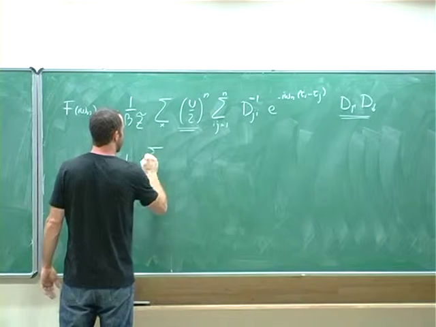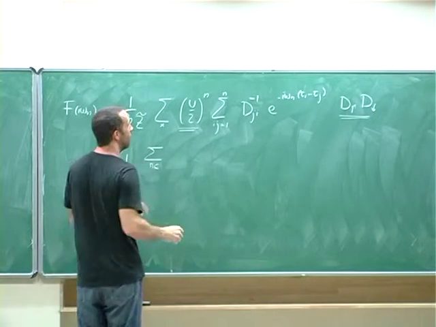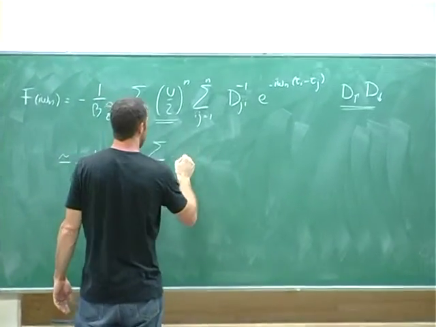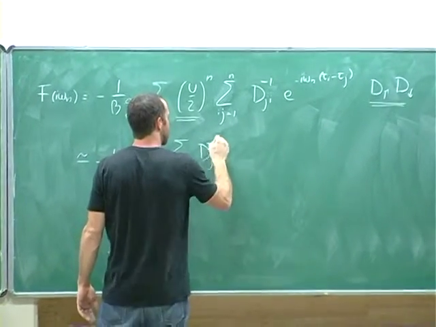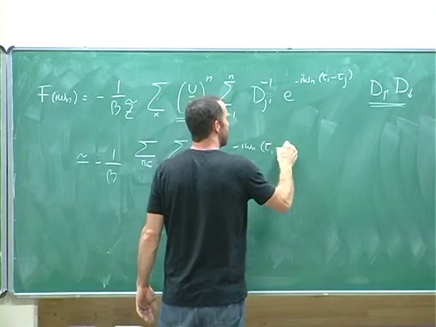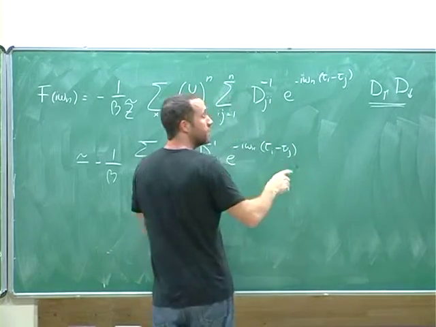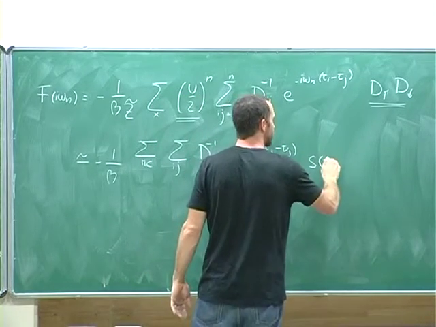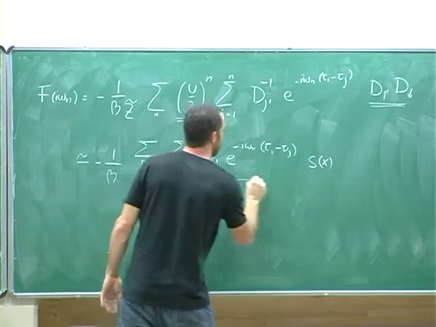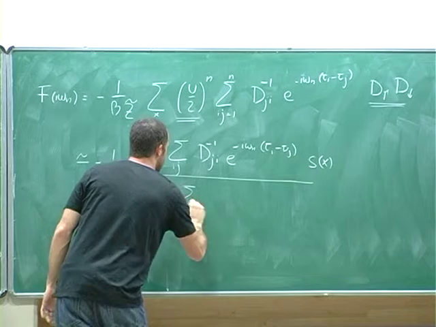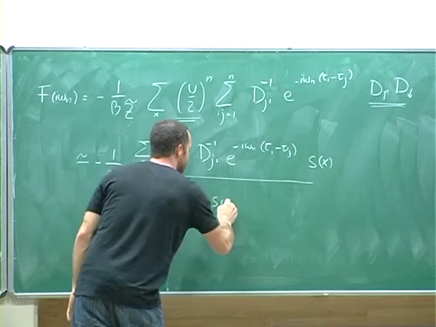And it's my Monte Carlo sum of sum over ij, d_ji minus 1 e to the minus i omega n. And you see here, I'll have to be careful. The weight is the absolute value, so I have to correct this with the sign of my configuration x. And I have to divide this by z tilde here, which is the Monte Carlo sum of s of x. And this is it.